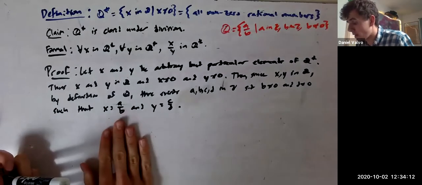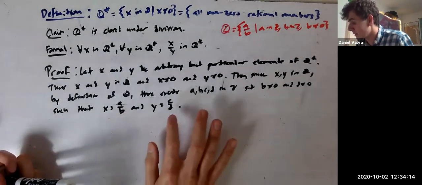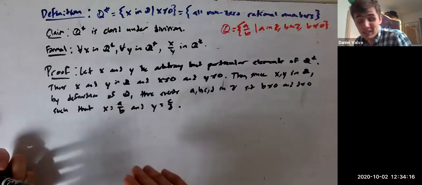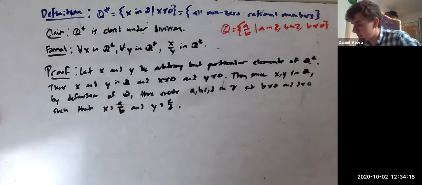It means that you can be written as a ratio of integers where the bottoms, the B's and D's in this case, are not 0.